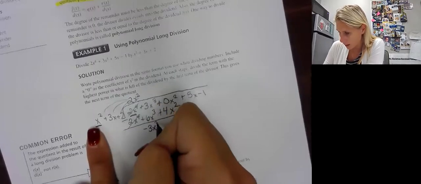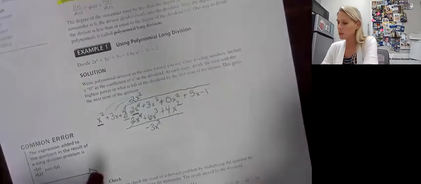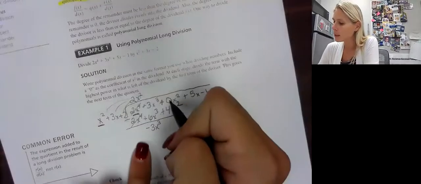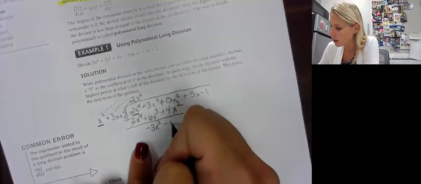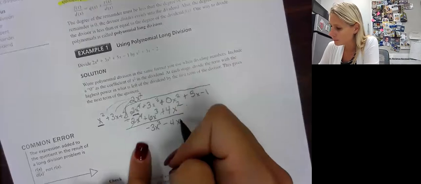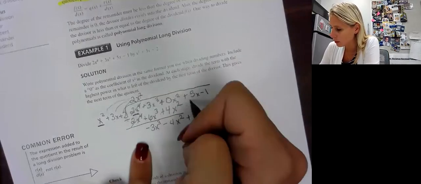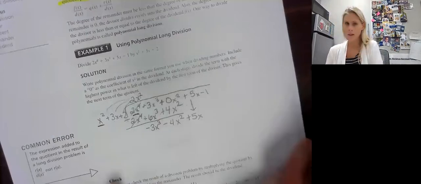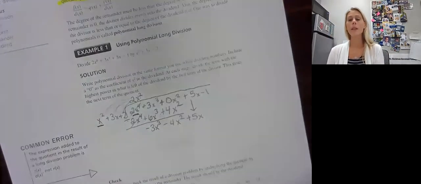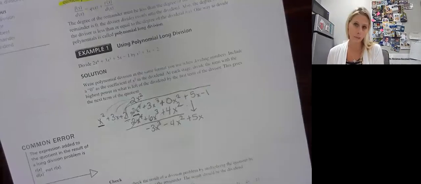And then we're keeping our x cubes because the exponents don't change when we're adding or subtracting. 0 minus 4 is negative 4. And then we bring down, just like we did earlier, the 5x. I'm going to show you another trick in a minute if you did not like this subtraction.